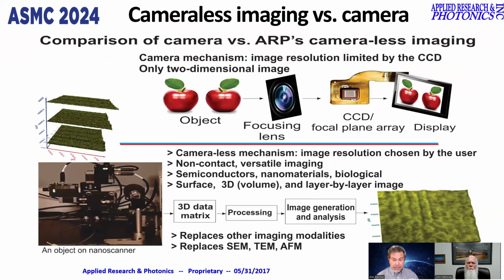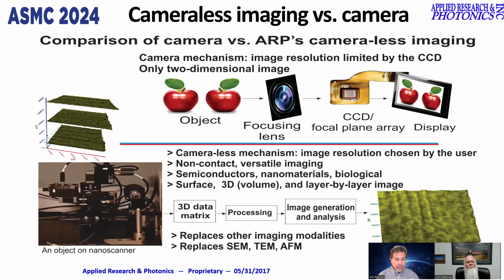So as a comparison of cameraless imaging technology with the regular camera, where you have an object that is focused through a lens onto a CCD, or in general a focal plane array, and that CCD chip is giving out the signal that goes into the application-specific IC in the camera or imaging system that generates the image.